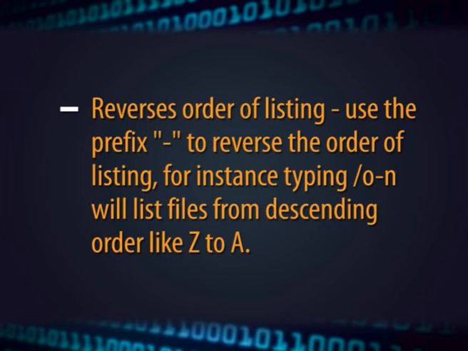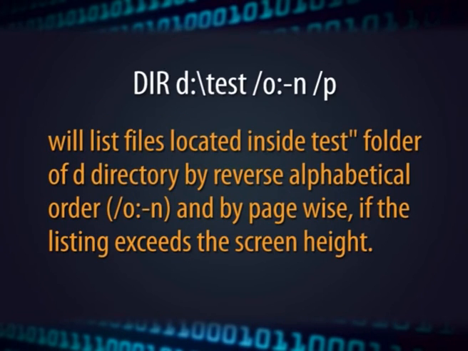For instance, typing /o-n will list files in descending order, like Z to A. For example, dir space d:/test space /o:-n space /p will list files located inside the test folder of the D drive in reverse alphabetical order, page-wise if the listing exceeds the screen height.